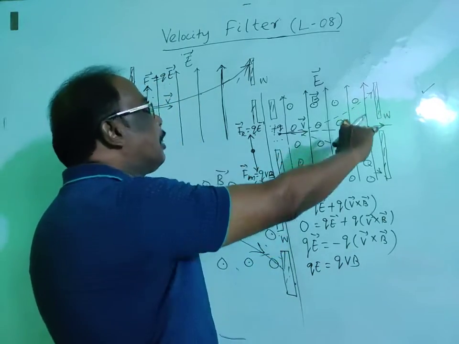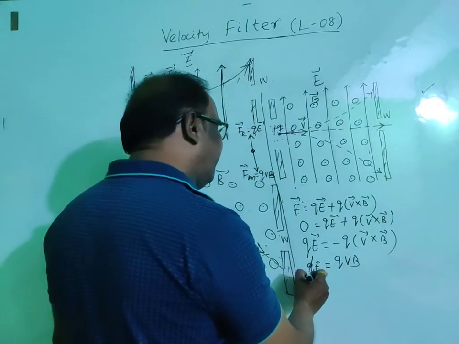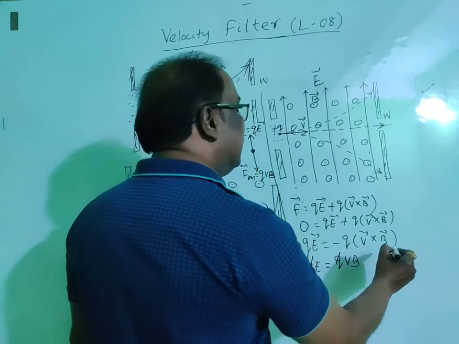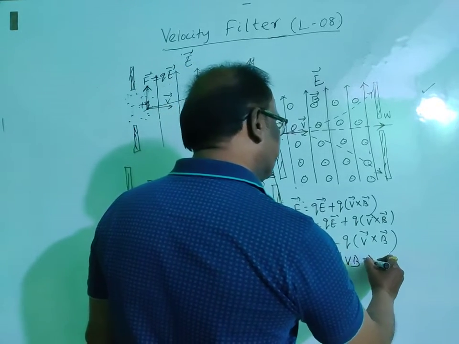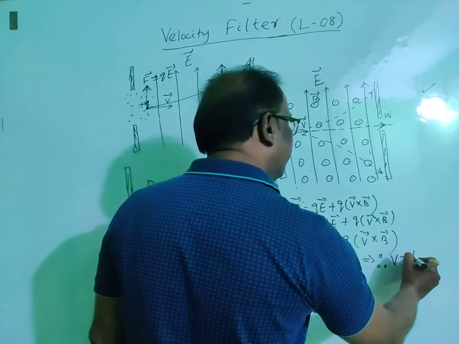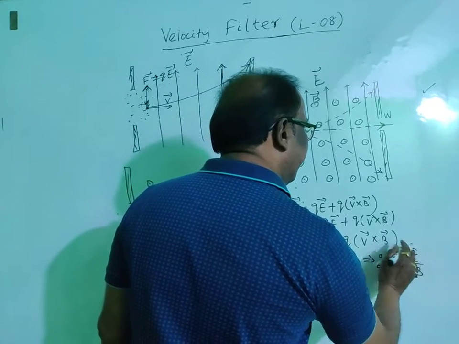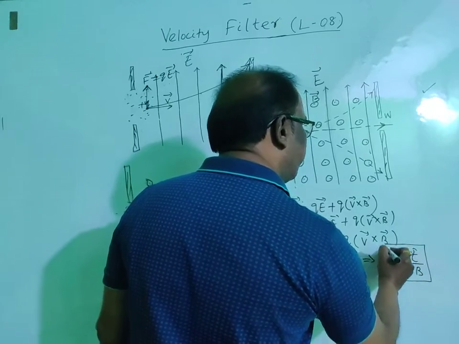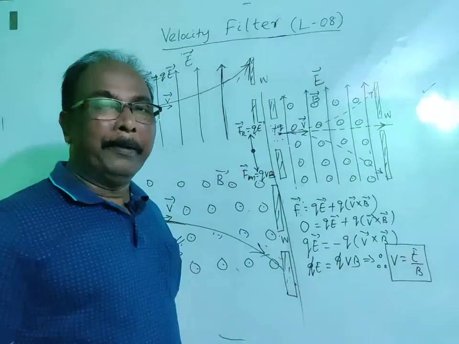To pass the charged particle undeviated, Q gets cancelled, and this shows the velocity of the charged particle is equal to E by B.